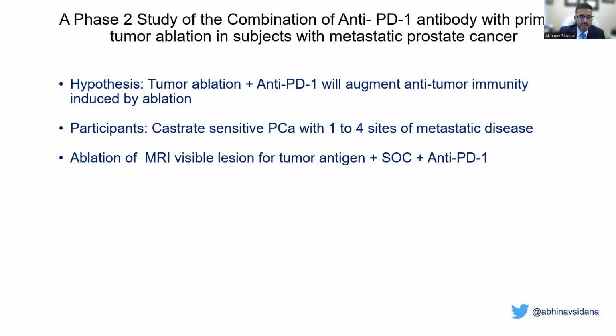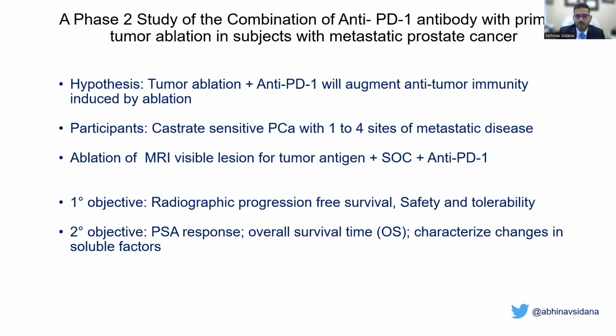Since the advent of prostate MRI, we can localize the tumor in the prostate. We'll ablate just the MR visible lesion to generate tumor antigens and combine standard of care therapy along with an anti-PD-1 agent to augment an anti-tumor immune response. Our primary objectives would be radiographic progression-free survival and safety and tolerability of this combination.